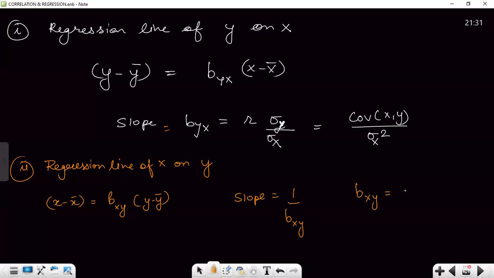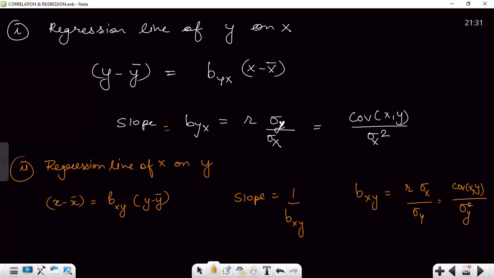Bxy is r into standard deviation of x divided by standard deviation of y. Formula same: covariance of xy divided by variance of y. So y this time it's squared because it's variance. Okay, so that's how the formulas are given. This is all you need to remember for finding out any question of regression line.